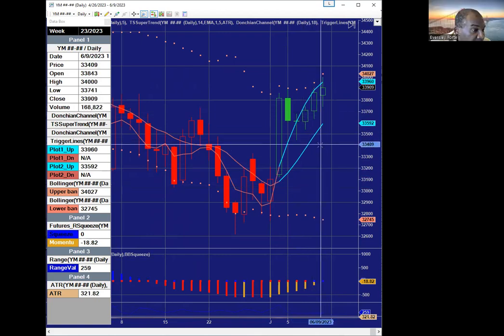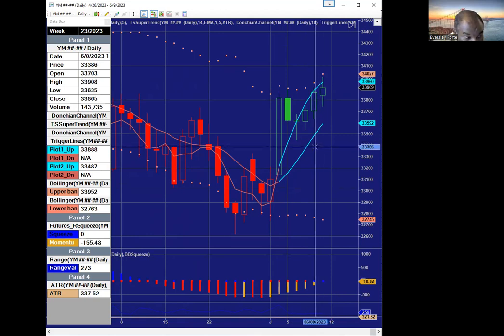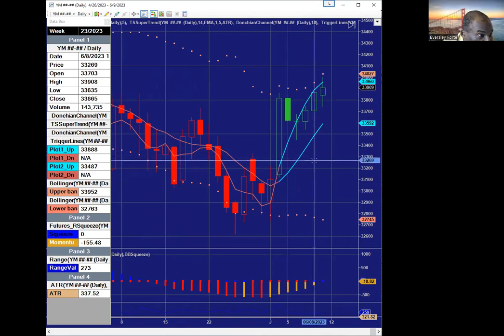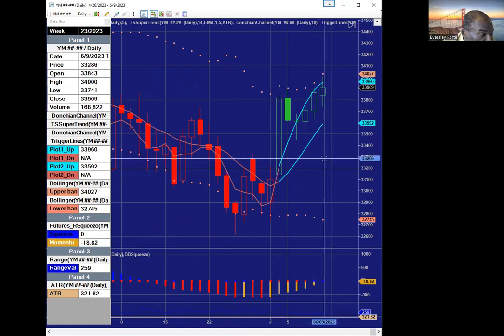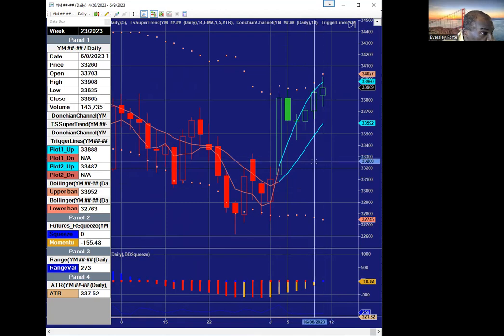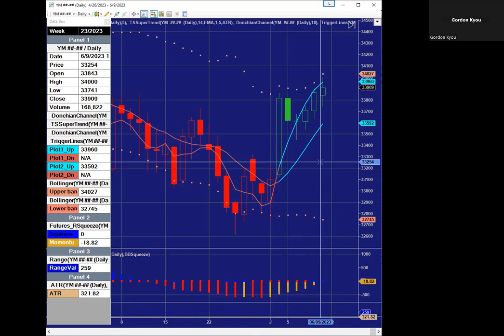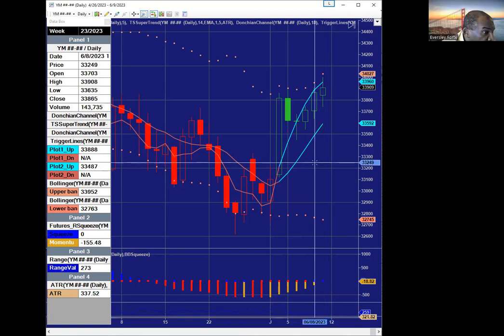Okay, so let's take a look at the chart right now. This would have been the numbers before the market closed on Thursday. This would have been the numbers starting after the close on Thursday. So what was your target for the YM? Well, for one of the YM trades, because I had two, was 34,100. So it hadn't been hit. That didn't happen until the September contract.